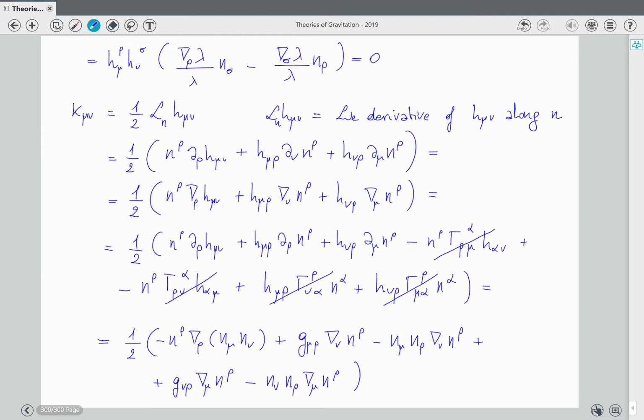So we already saw previously that these things are 0 because they are 1/2 del nu of n squared. So that is 0.